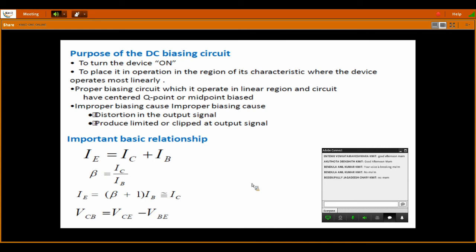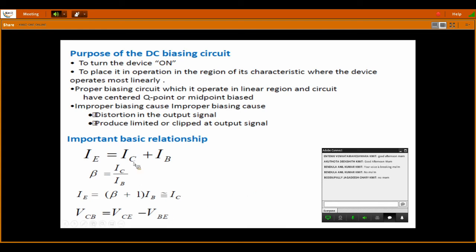We are giving the full cycle of input, having both the positive and the negative cycle, both positive and negative magnitudes of the AC signal as input. If you don't bias your circuit properly, you would have clipped output signals at the output of the amplifier. In order to avoid that, or to limit the clipped outputs, we have to bias the circuit properly.